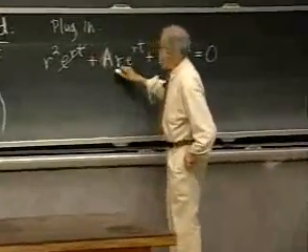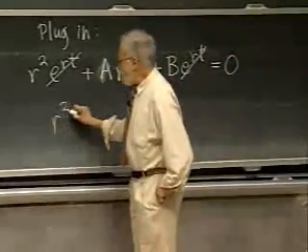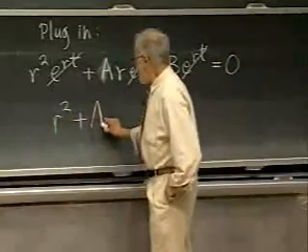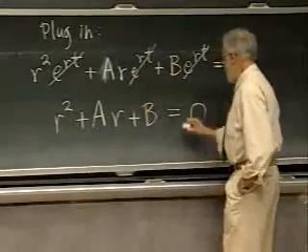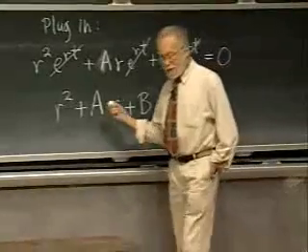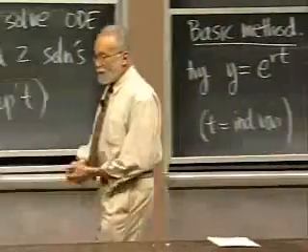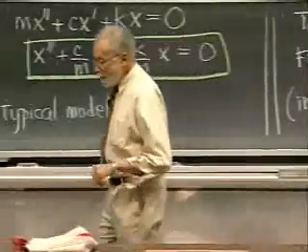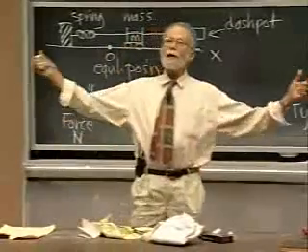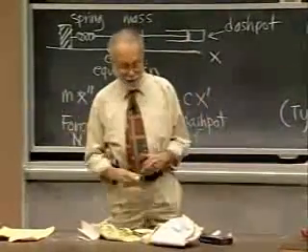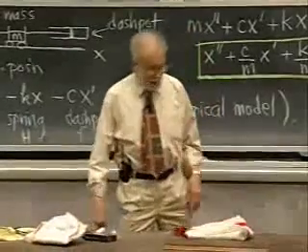So I can cancel that from each term, and what I'm left with is the equation r squared plus ar plus b equals 0. We're trying to find values of r that satisfy that equation. And that, dear hearts, is why you learn to solve quadratic equations in high school. In order that at this moment you would be ready to find how spring mass systems behave when they are damped.